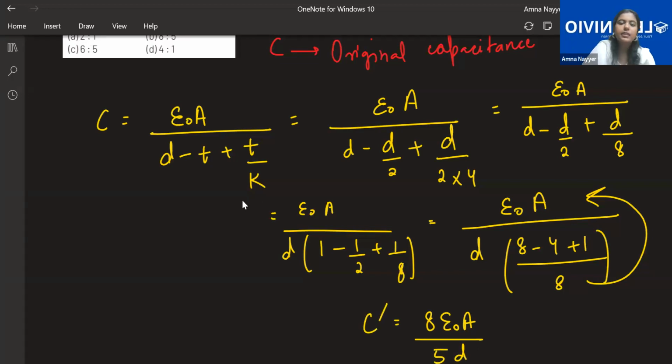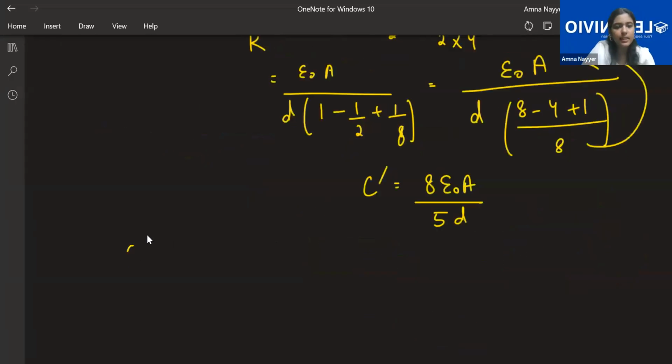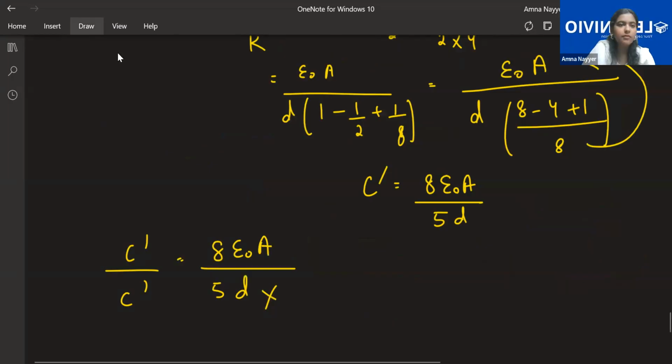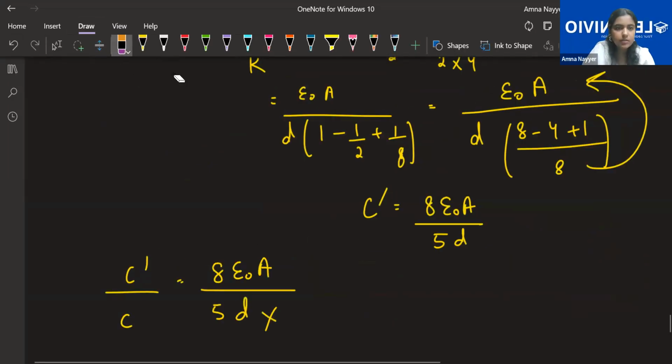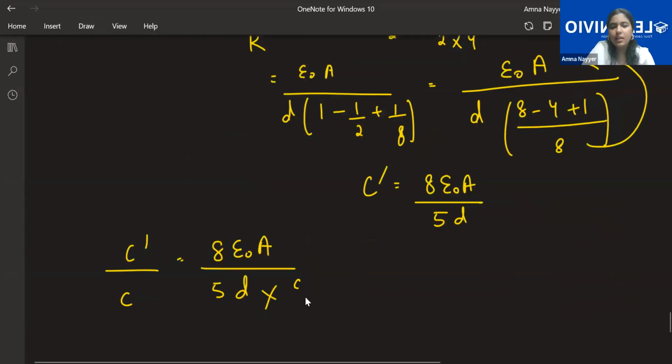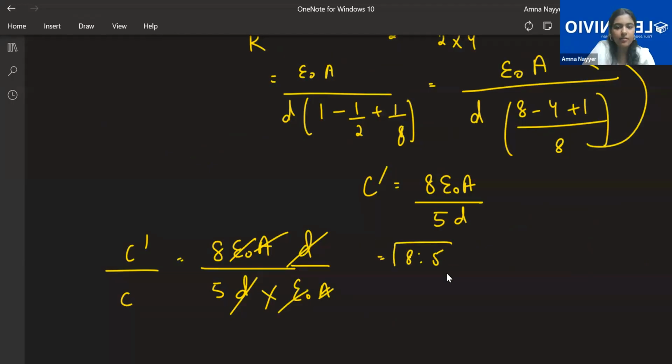Now let's see the ratio C dash by C. This is 8 epsilon naught A by 5D, whereas C is just epsilon naught A by D. D gets cancelled, epsilon naught A cancels. Ratio should be 8 is to 5.